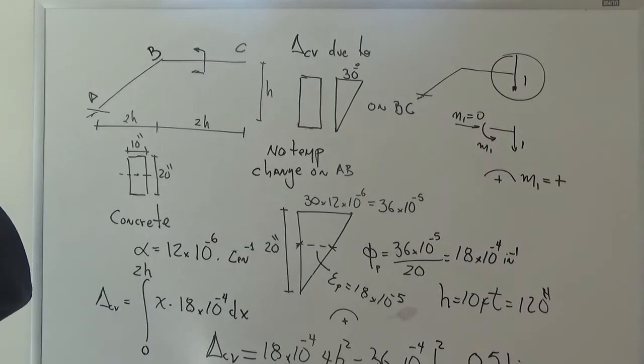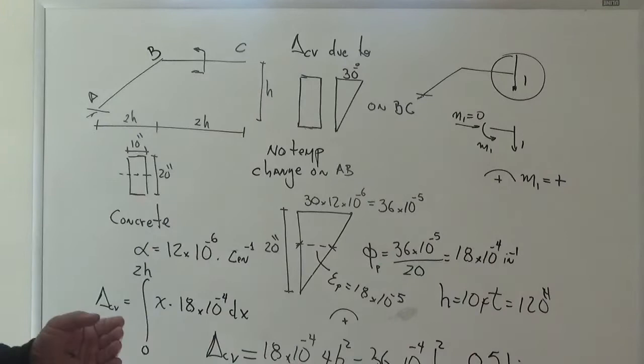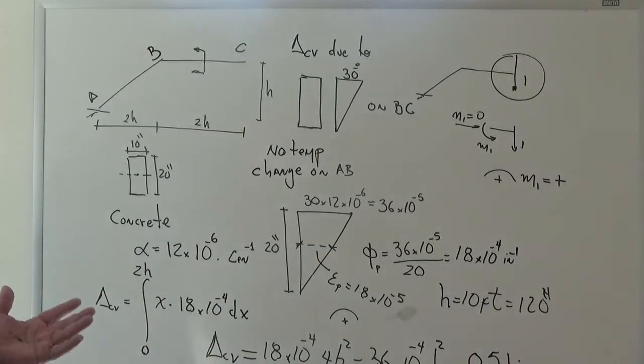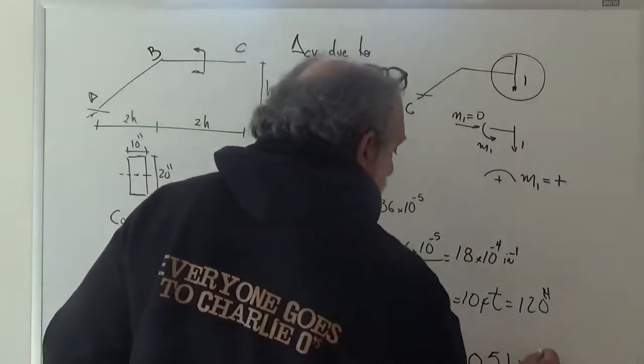Now, the question is cast that way just to make it interesting, because now I can translate it to a much simpler one: find the temperature distribution on bar AB that gives me 0.51 inches upward, because this deflection was downward.